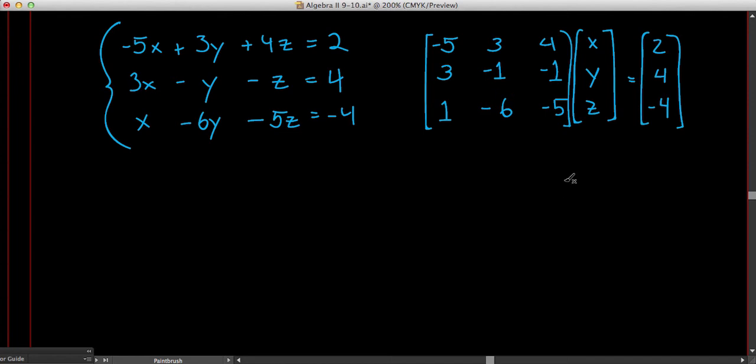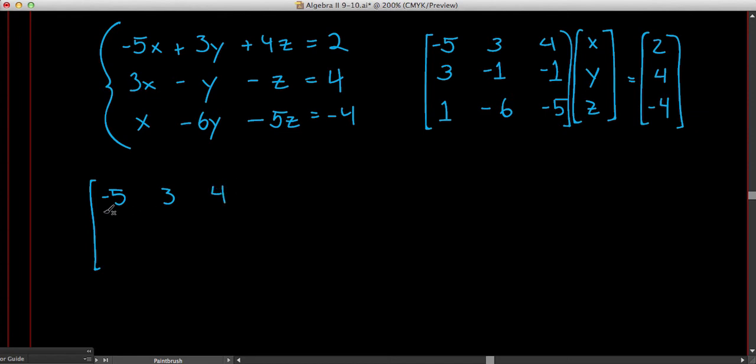Moving further than this, to actually begin solving, we're going to rewrite this matrix so it's a little bit easier to begin solving. I'm going to rewrite it as negative 5, 3, 4.